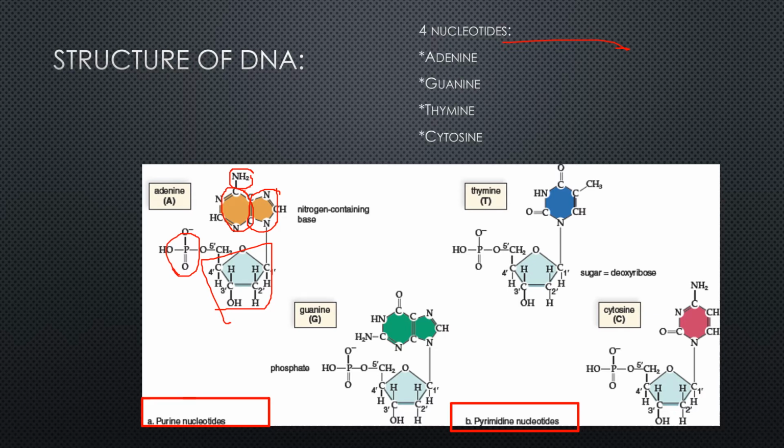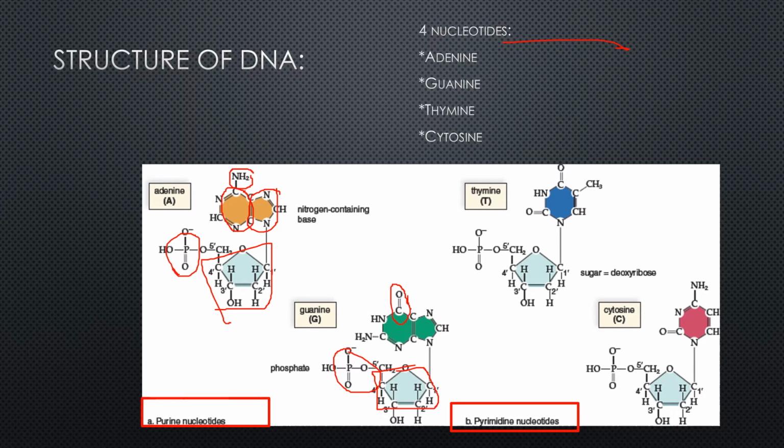For guanine, again, same base, we have our deoxyribose and our phosphate, and guanine has this double ring because it's a purine, and at the top you will notice that it has carbon double bonded to oxygen. Our two pyrimidines, thymine and cytosine, again we still have our deoxyribose and our phosphate group, but these have single ring bases.